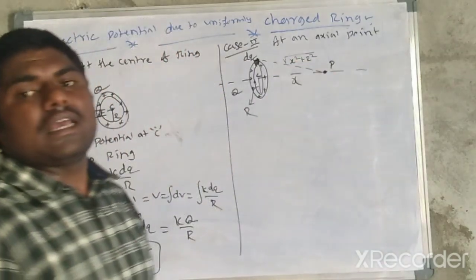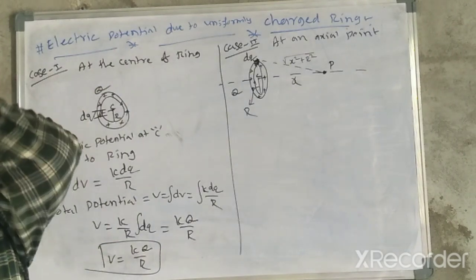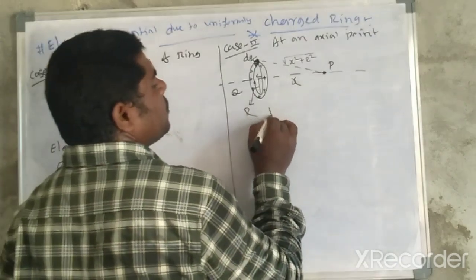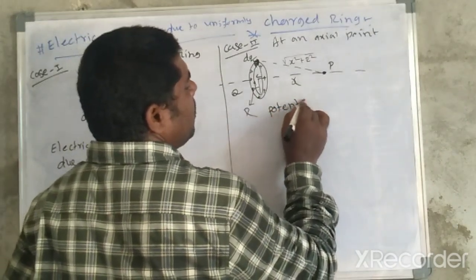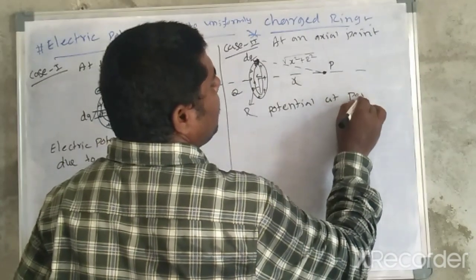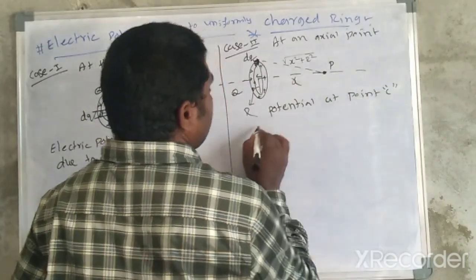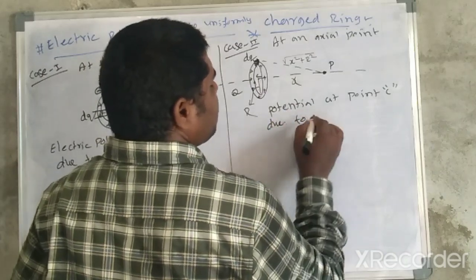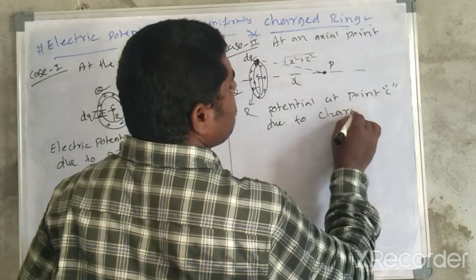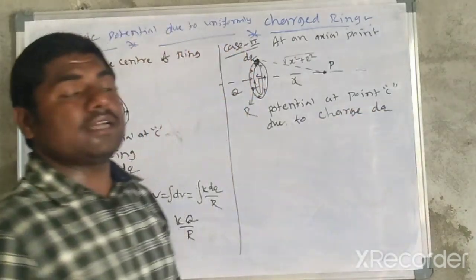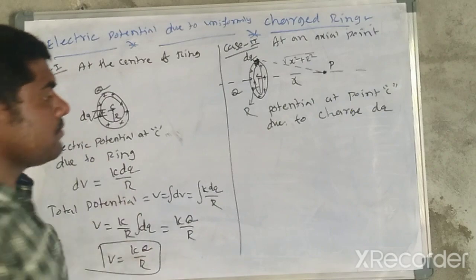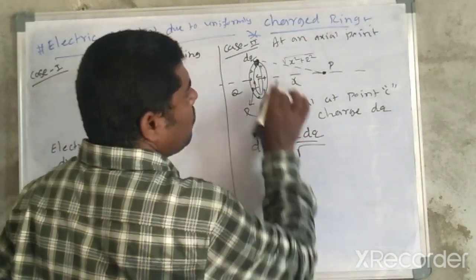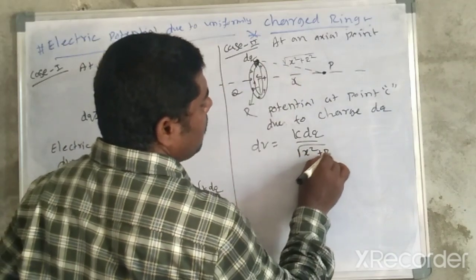The potential at point P due to charge dq: dV is equal to K dq by under root of x square plus R square.